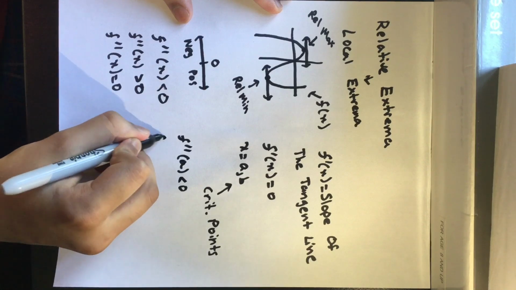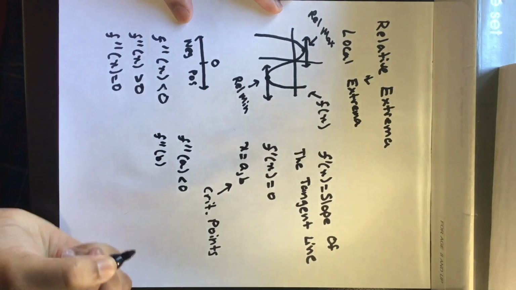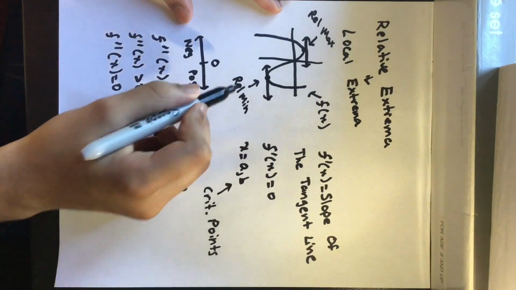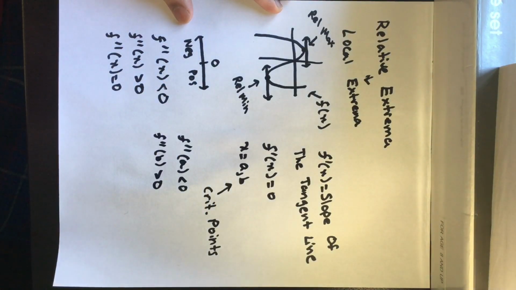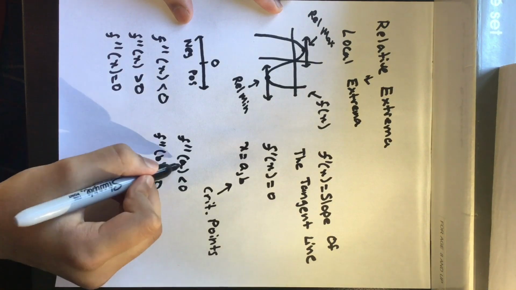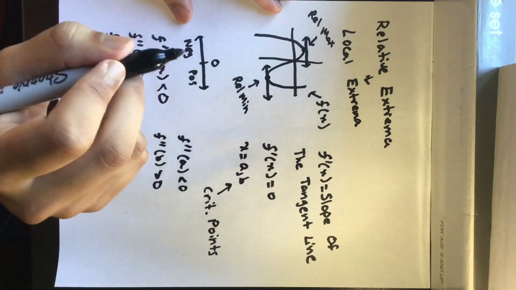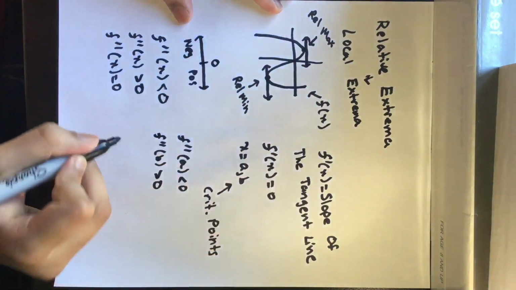And if f double prime of b is greater than 0, then the x-coordinate b is given at a minimum.